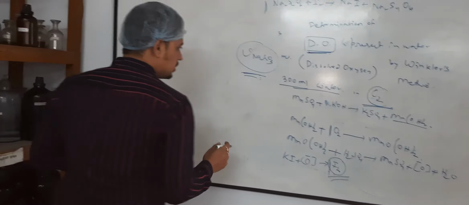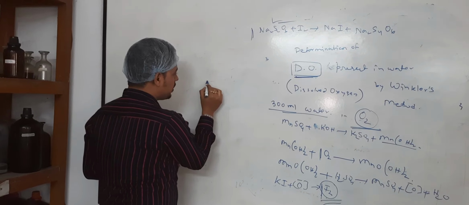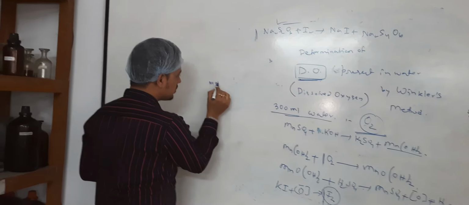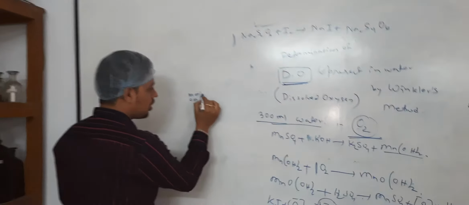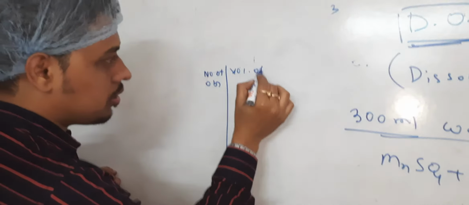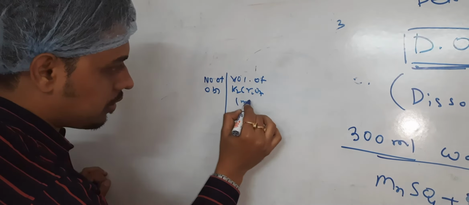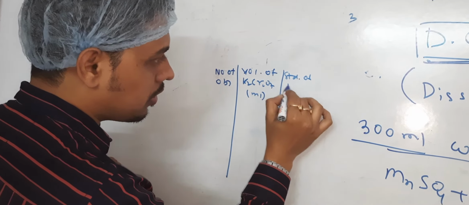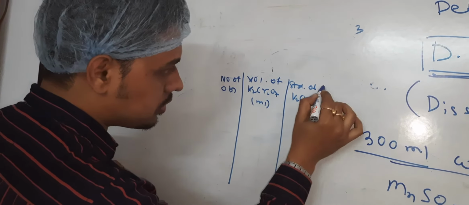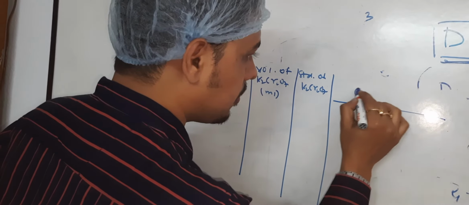In between we will write the table. This will be the table. At first there will be the number of observations, then volume of potassium dichromate, then strength of K2Cr2O7, and then burette reading: initial, final and difference.